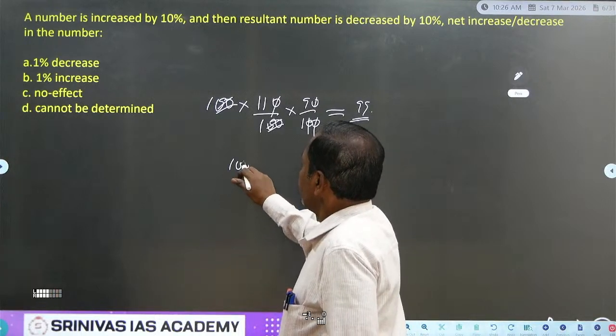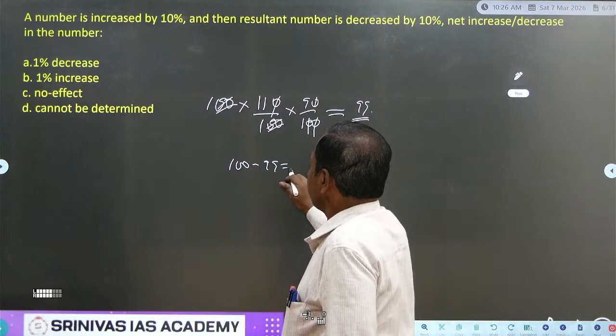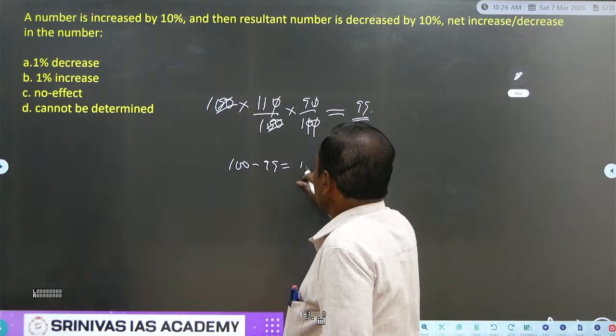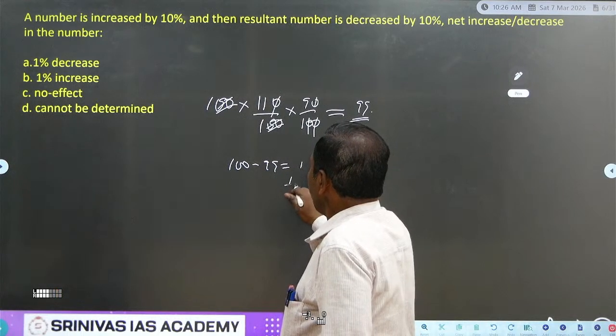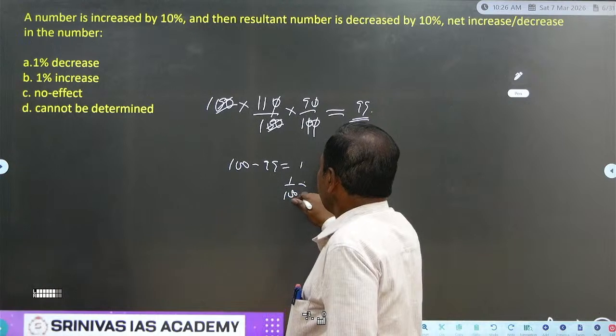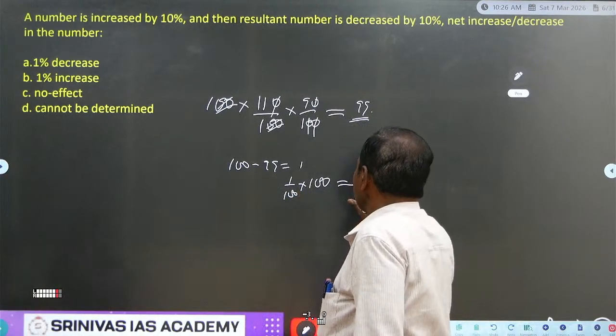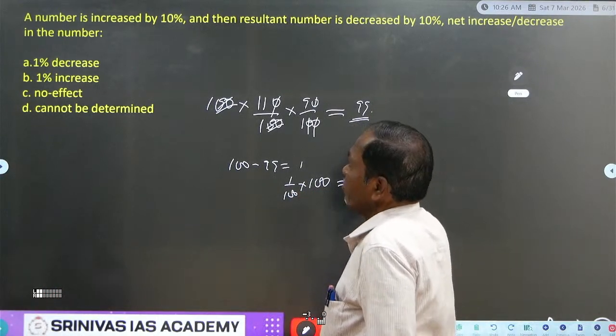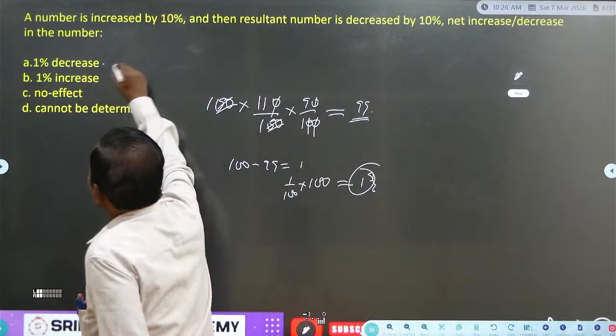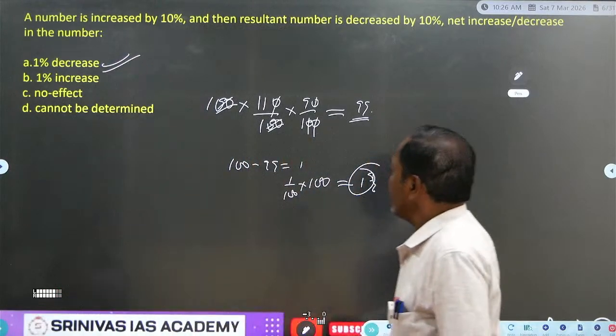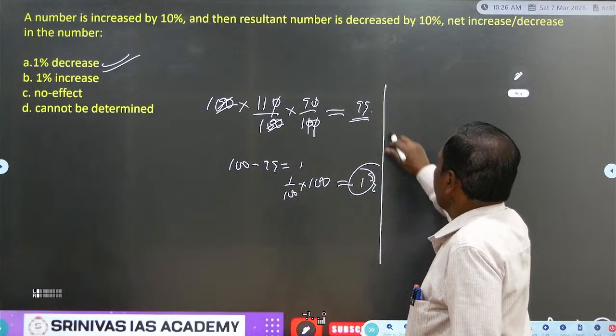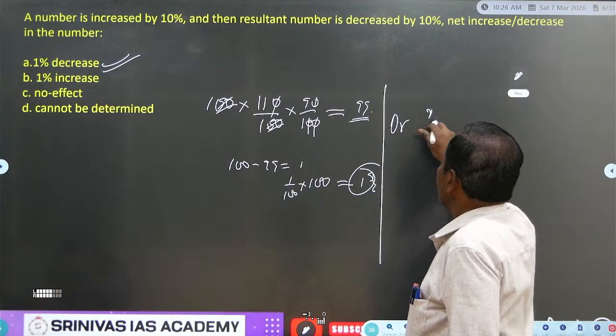So 100 minus 99 is what? 1. And 1 out of 100 into 100 is 1%. 1% decrease, or x square by 100.